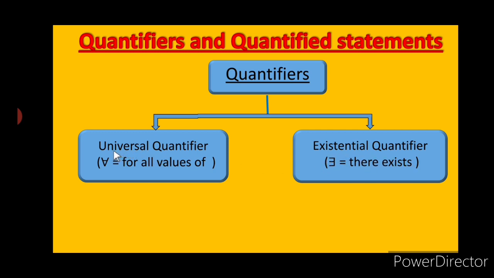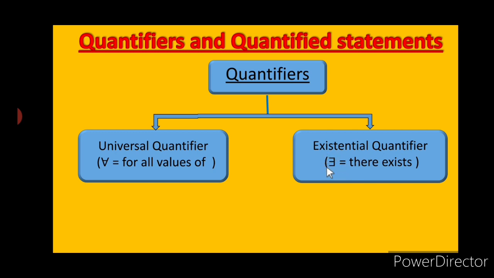If we are going to use all the values of the variables from the set, then we will use the quantifier called the universal quantifier, and this is the symbol for the universal quantifier. But if we are going to use few values of the variable from the set, then we have to use the quantifier called the existential quantifier, and it is denoted by this symbol.